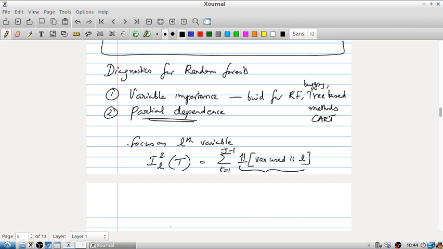I'm just asking whether at this internal node I used the Lth variable as a split choice or not. Because if L was not used for the split choice, then it was not used at all, so there is no need to account for it. So just the indicator that the variable used is L, and then I have something called I hat square at that split t. So what is I hat square?